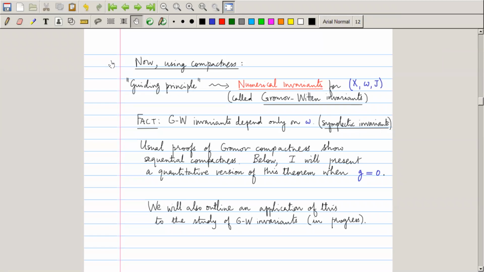Okay. So the definition is going to be a little more complicated when we actually allow bubbles to form and nodal curves to appear. Here, you take a target curve, which is the limiting curve, which is nodal, and away from the nodes, a large open subset of this nodal curve is isomorphic to a large open subset of the non-nodal sequence.